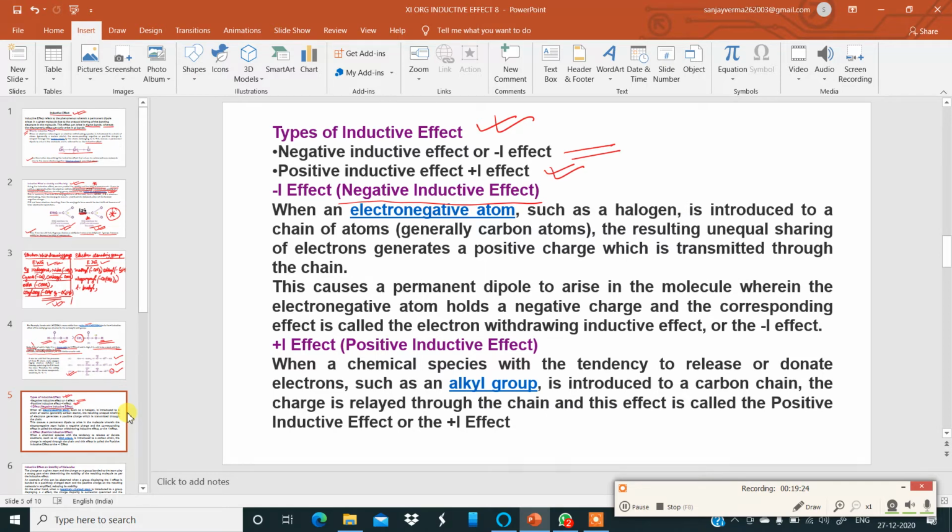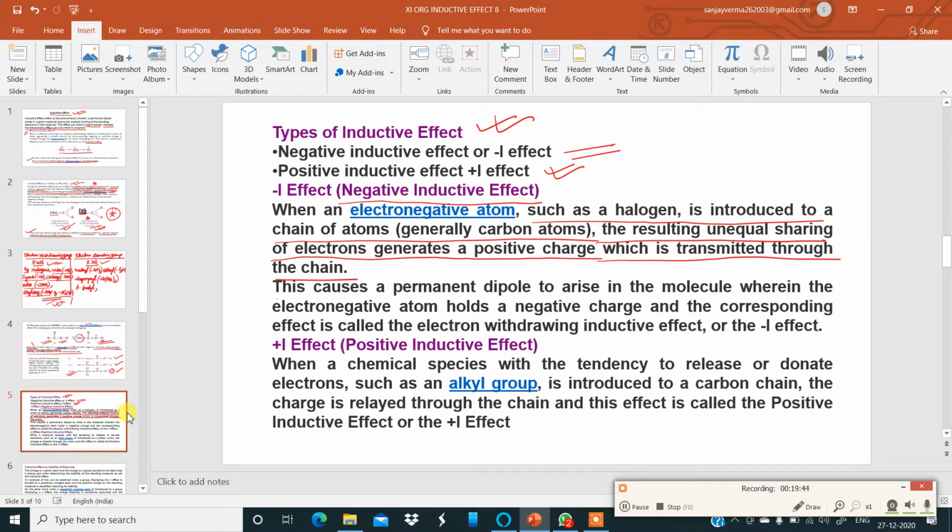When an electronegative atom such as a halogen is pulling electrons, so minus. When an electronegative atom such as a halogen is introduced to a chain of atoms, generally carbon atoms, the resulting unequal sharing of electrons generates a positive charge which is transmitted through the chain.